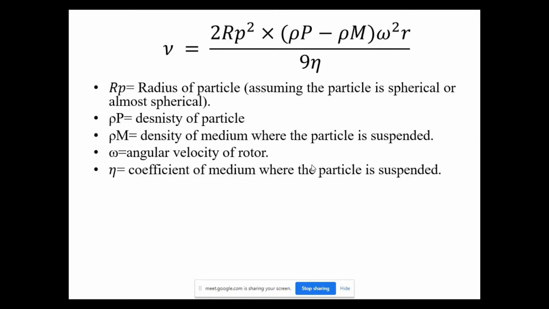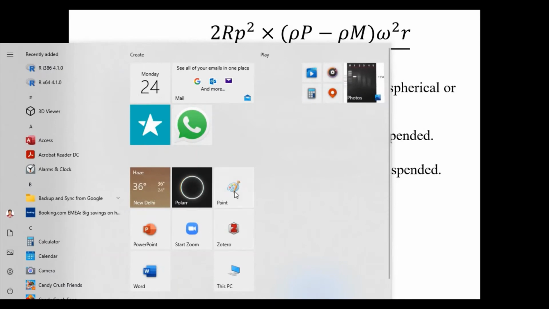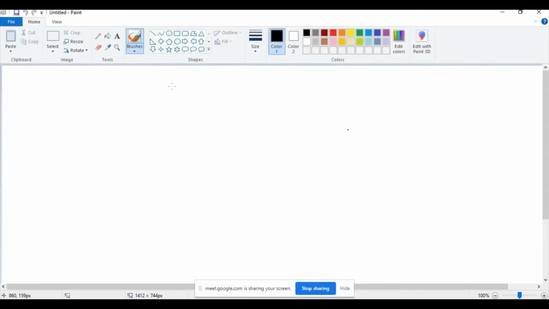Now let us see this particular thing, rho p and rho m. If we just look only at this value, rho p and rho m, let me open the paint also.